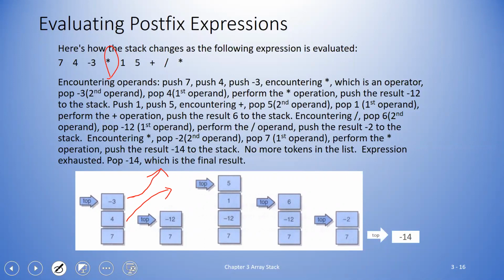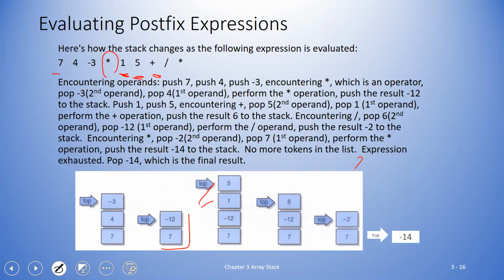And so now after this, after you encounter that operator, this is your stack. Okay, and so this is your current stack, and then you are here, right? And then you evaluated this one already. You encounter an operand, you push. You encounter an operand, you push, right? And then you encounter an operator, and now you pop.